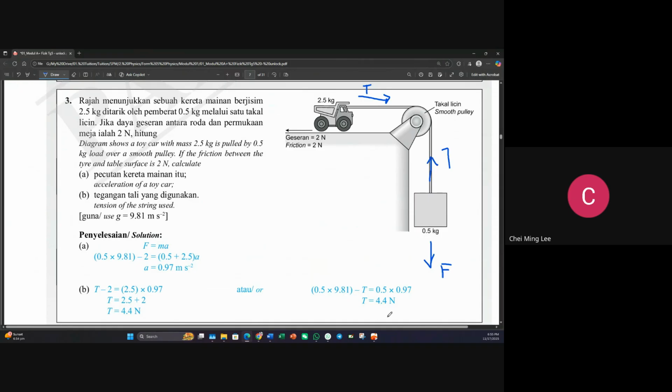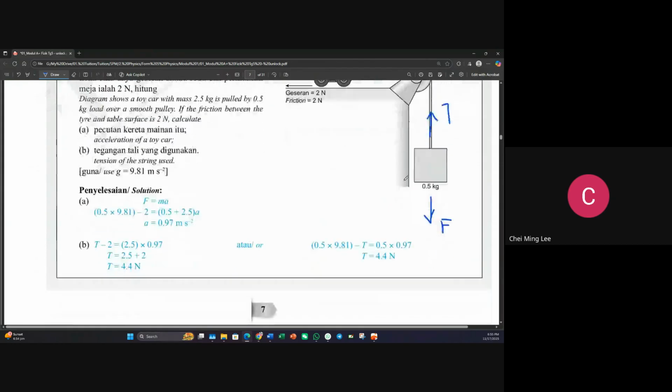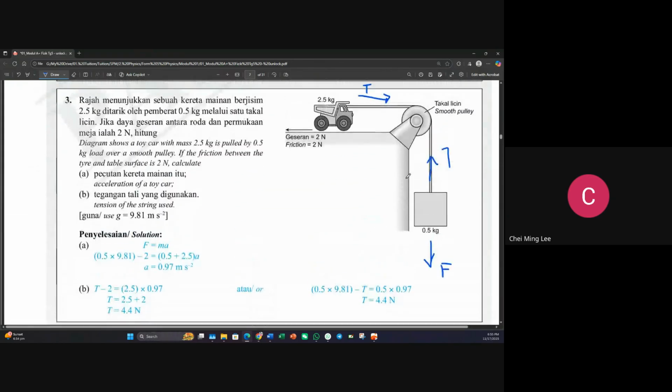So with this, you get T equals 4.4 Newton as well. You understand? So there are two ways to calculate this, either on this side or this side. Okay? Any questions?